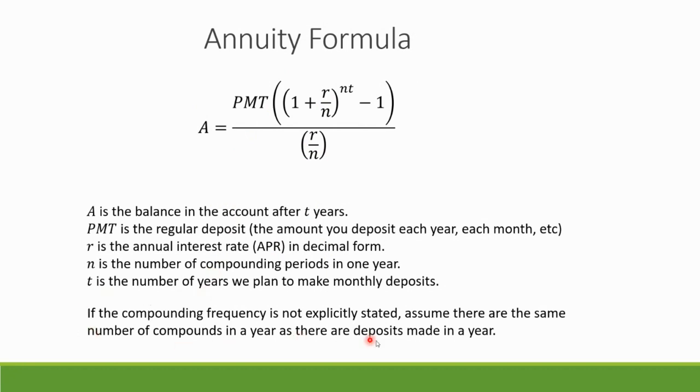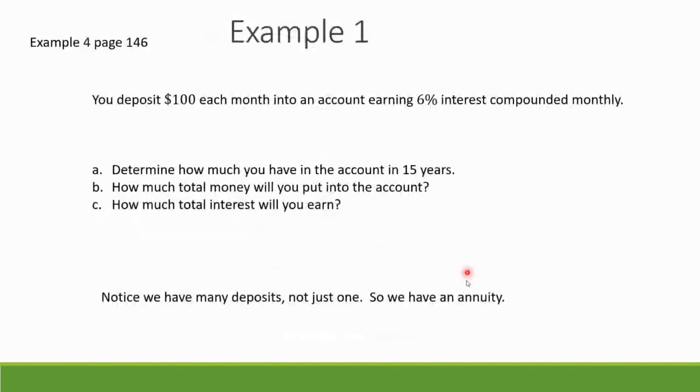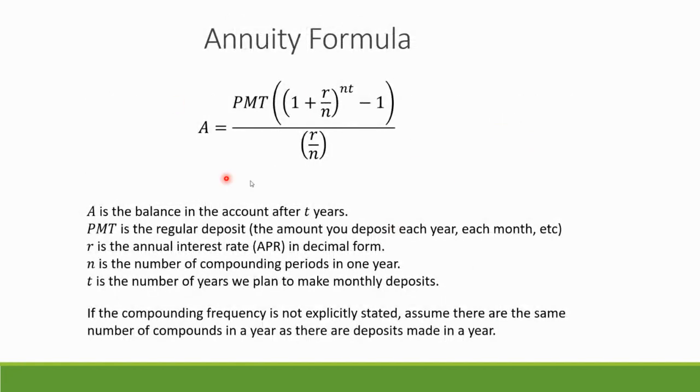And again, this is the convention we're following: if they don't tell you explicitly what the compounding frequency is, we just assume the number of times it's compounded a year is the same as deposits per year. Although here it tells us that it's being compounded once a month, and we're also depositing once a month. But if for some reason they didn't tell us how often it was compounded, we would assume it's being compounded monthly because we're making monthly deposits.